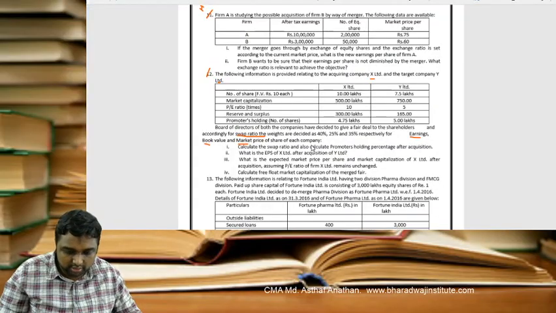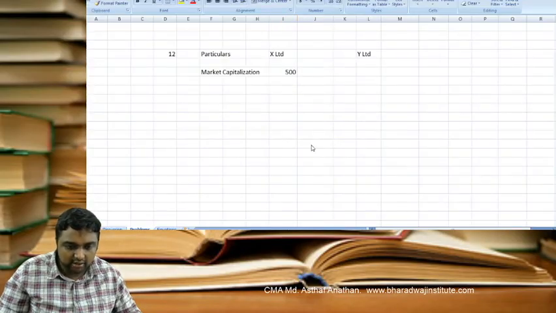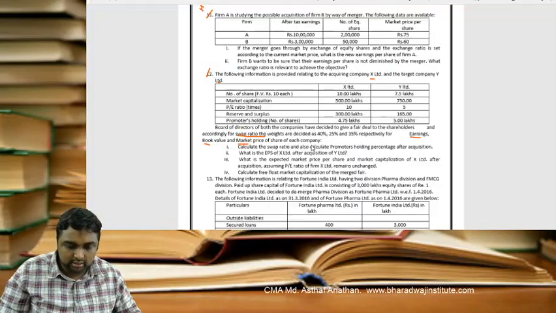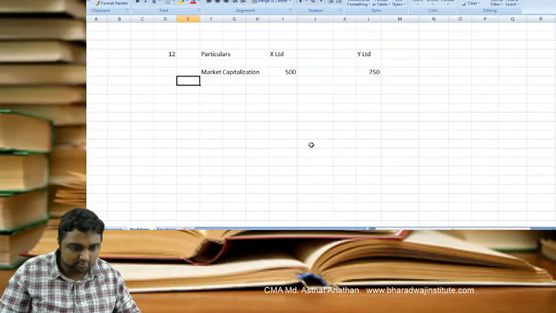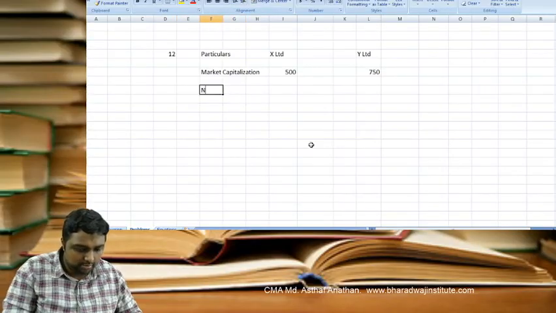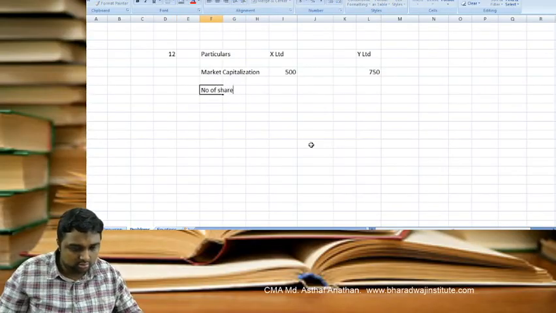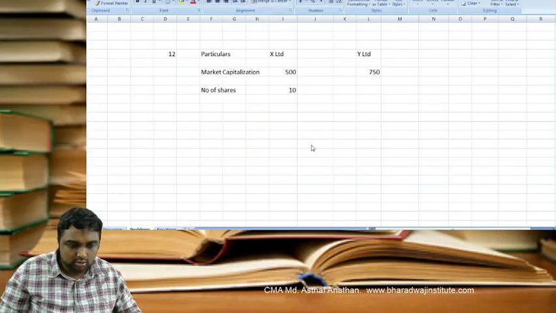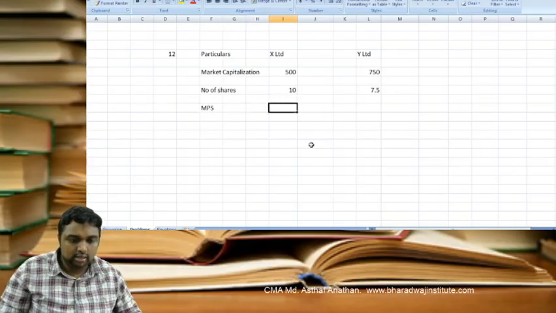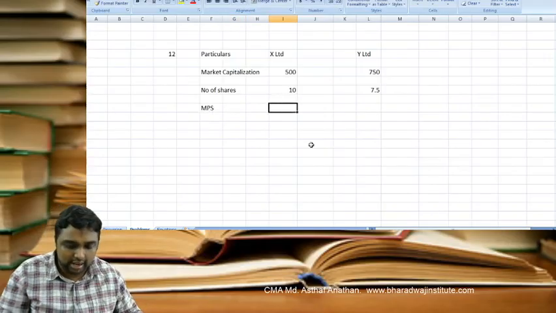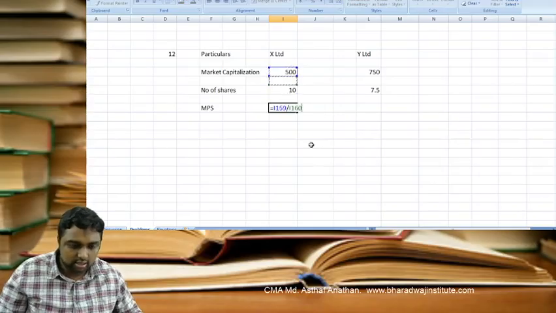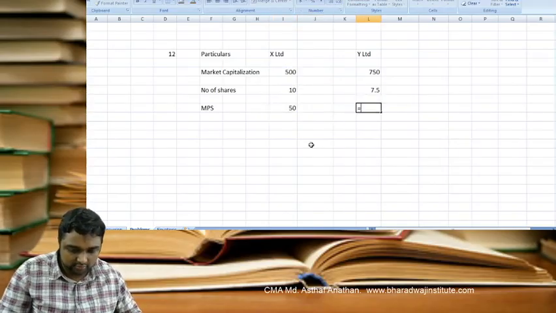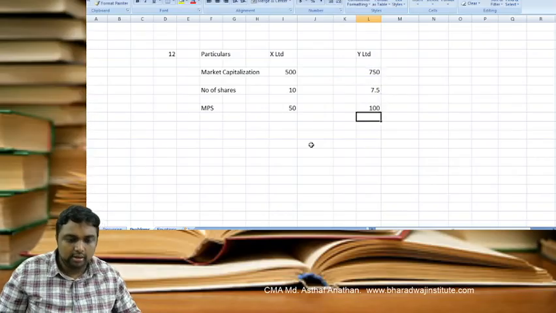What is it for X Limited? 500 lakh. Here 750 lakh. What is the number of shares? 10 lakh, 7.5 lakh. So what will be the market price? We know market price is equal to market capitalization by number of shares. So you will get the answer as 50. Here it is 100.